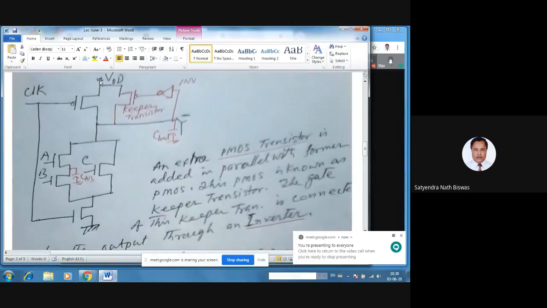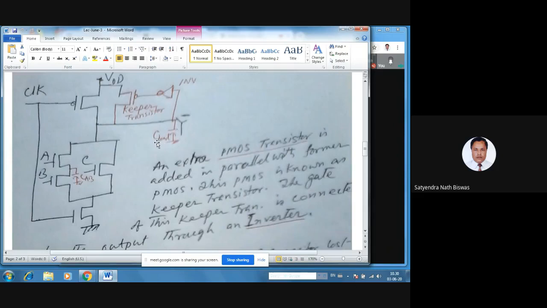So the power from VDD will pass through this keeper and will charge this output capacitor to the same voltage as VDD. You understand? So this capacitor is discharging, so its voltage is reducing a little, but at the same time the voltage from VDD will be coming here and will recharge it again to the full voltage.